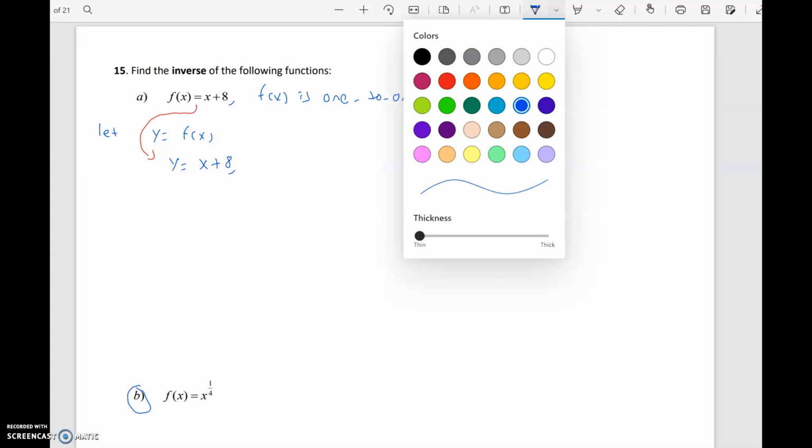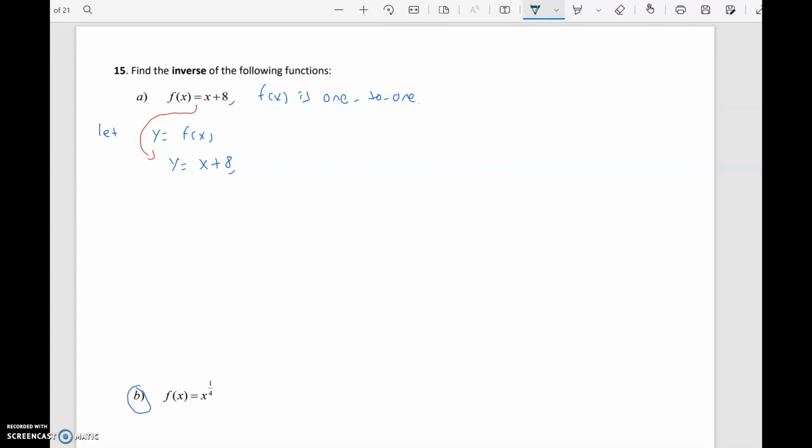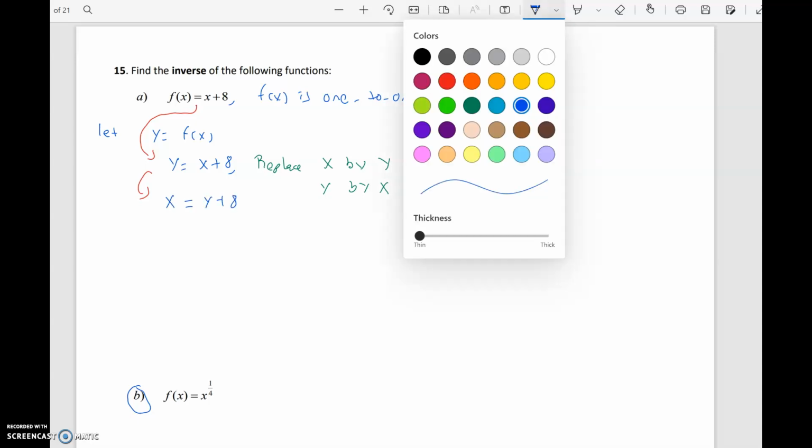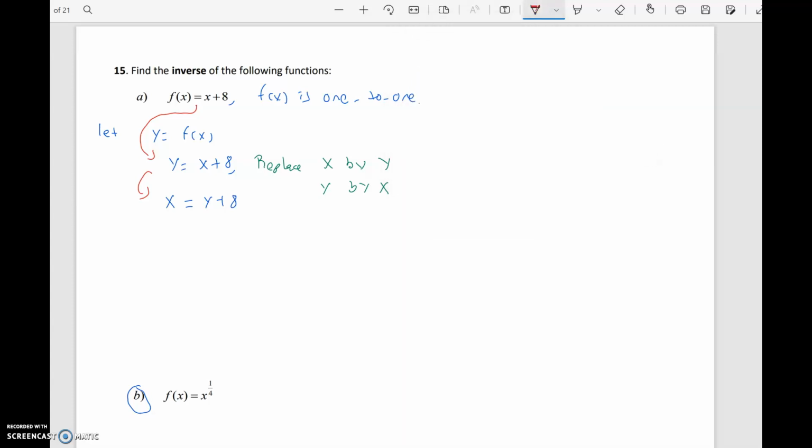And then the next step is to replace x by y, and technically y by x. And let me just rewrite it. In this case, we're going to end up with x is equal to y plus 8. And then our last step is to solve for y. So subtract 8.